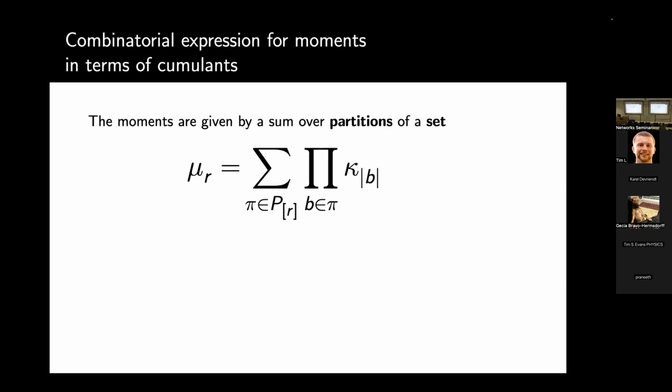So I'm going to give an example, but essentially, for a moment of a given order, you consider all partitions of r elements, then you sum over the partitions and take the product within each block, and that's the corresponding cumulant. So a partition is when you have your set of stuff, and you divide it into disjoint blocks, and together they make the set. Okay, so let's get an example.